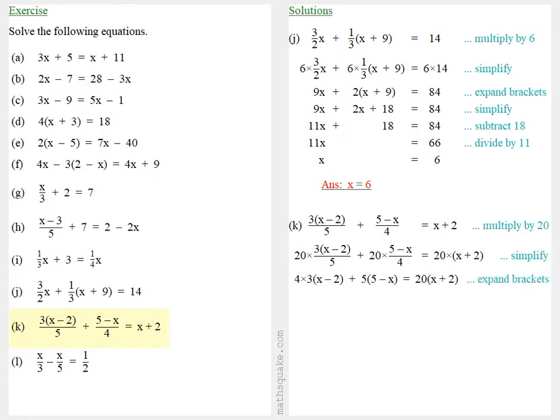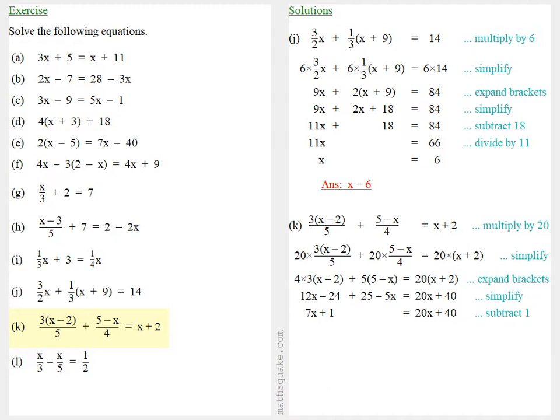In other words, if we expand that out, 12x minus 24 plus 25 minus 5x equals 20x plus 40. Now if we add up like terms, we simplify. 12x minus 5x is 7x, minus 24 plus 25 is plus 1. So on the left-hand side we have 7x plus 1, and on the right-hand side 20x plus 40.